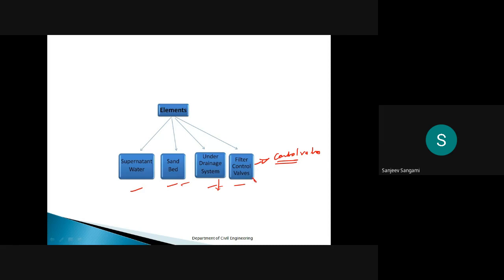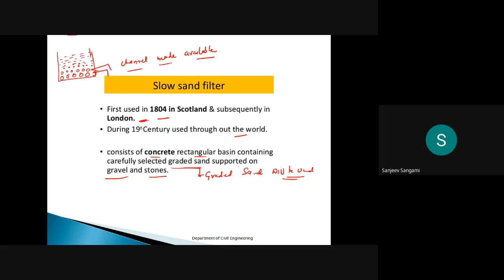For example, if you see this structure here, there are gate valves and flow control valves.